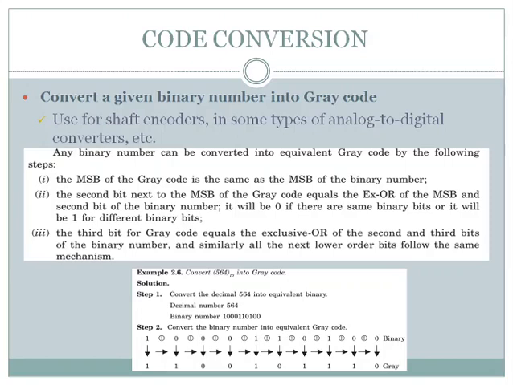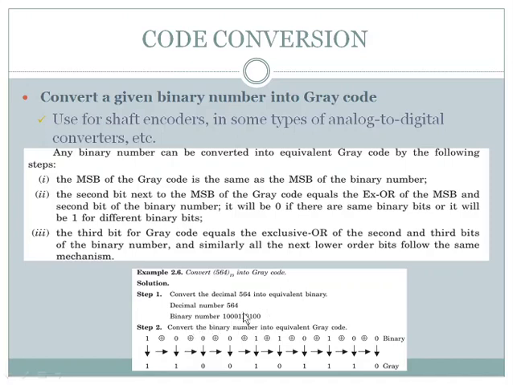This we can do by continuous repeated division by 2. By repeated division and collecting the remainders, 564 can be converted into the binary number 1000110100. This is the binary number that we need to convert into gray code.